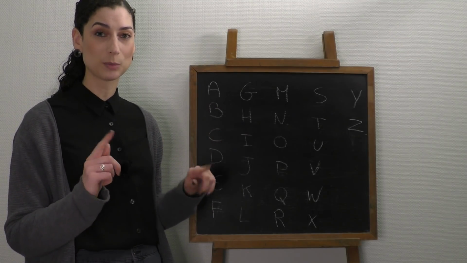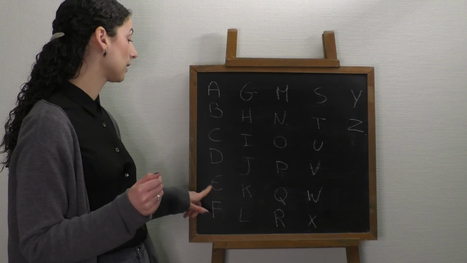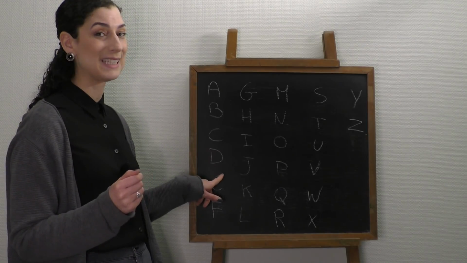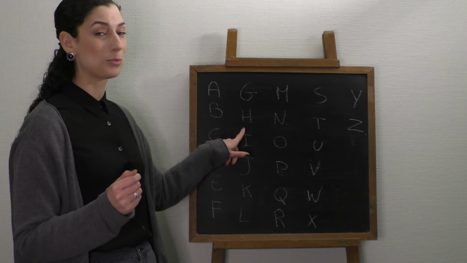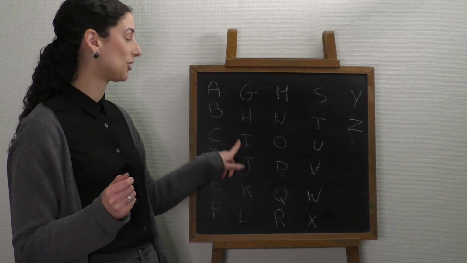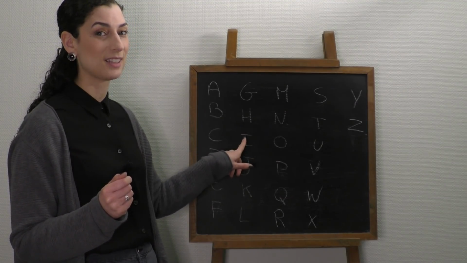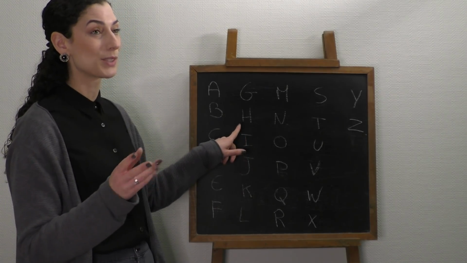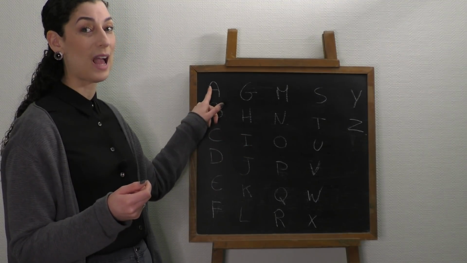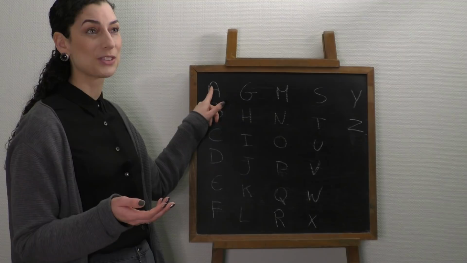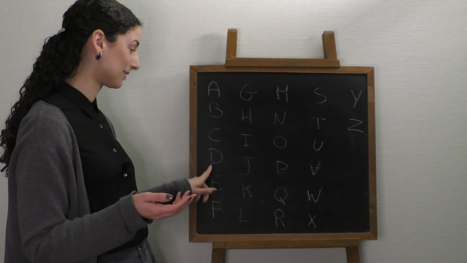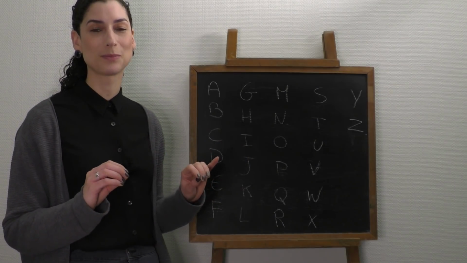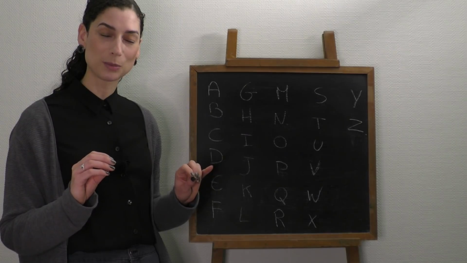Those get jumbled quite a bit, obviously, because the E in English is pronounced E, but the E in Dutch is this letter, the I, which then is sort of related to A, which in English is pronounced A, which is the E. So those vowels get jumbled up quite a bit.